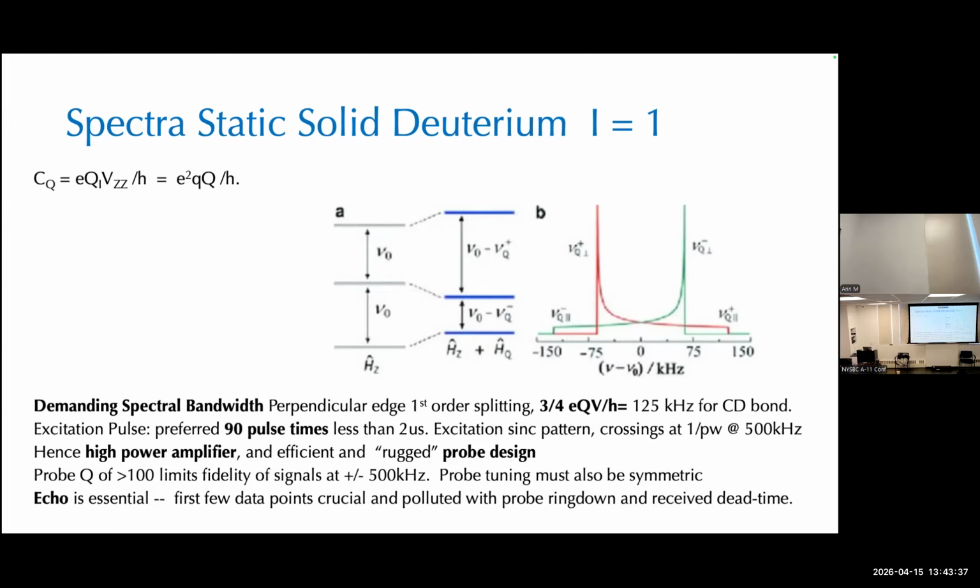A good question is, is that symmetric? When you're starting to want to pick up signals that have a width that's comparable to the good performance width of your probe, then you have to ask if that probe tuning is symmetric and what are the properties on the sort of wings of that tuned feature. So you get into the weeds here a little bit trying to get these line shapes perfect. I already mentioned the echo. So for broad line, there's a lot to think about.